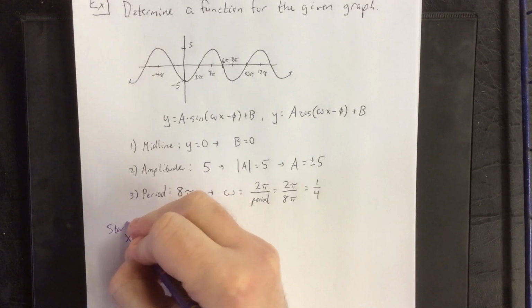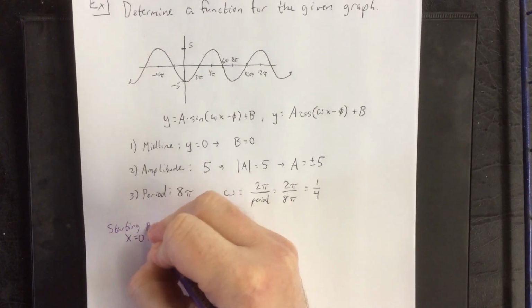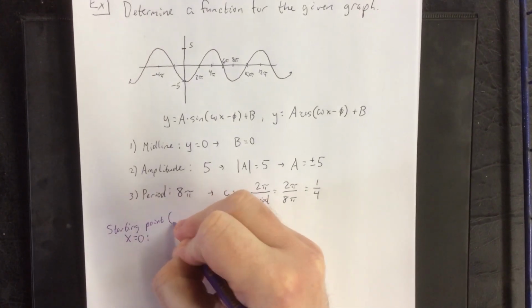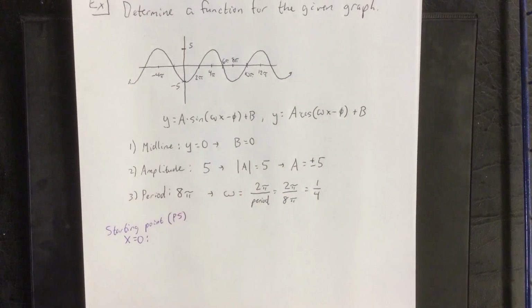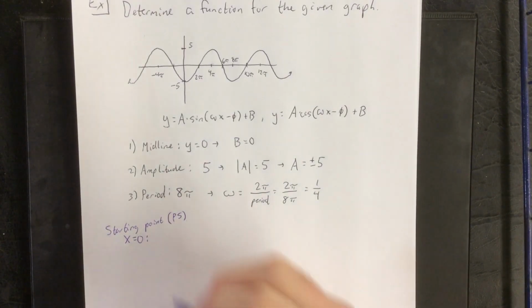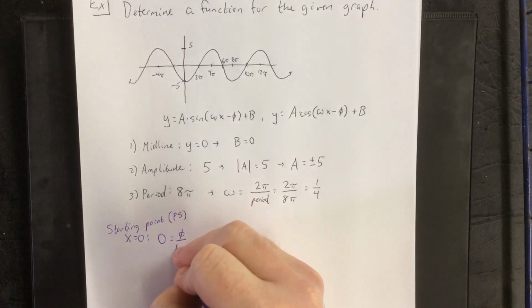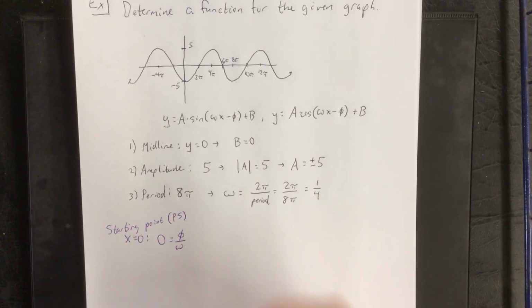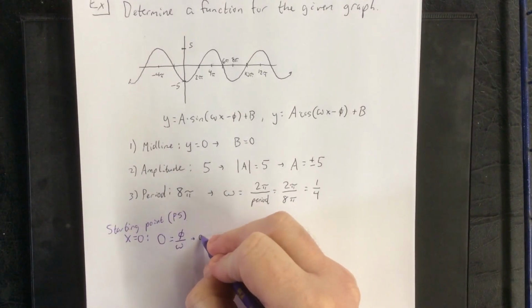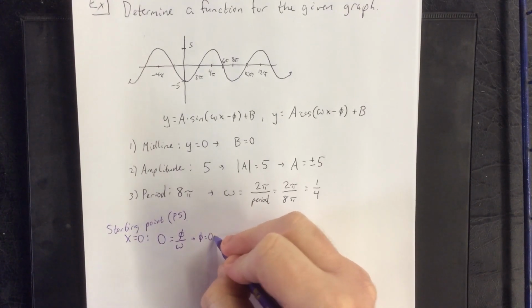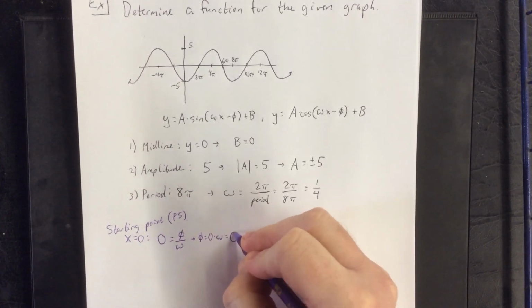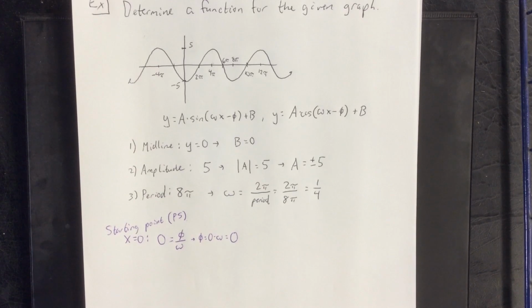So this is the starting point, also known as the phase shift. Now if we're going with x equals 0, then the phase shift is supposed to be equal to phi divided by omega. At this point it doesn't really matter what omega is because we're going to have phi is equal to the phase shift times omega. Well, that's 0 times omega, so that's going to be 0. So there is no phase shift.